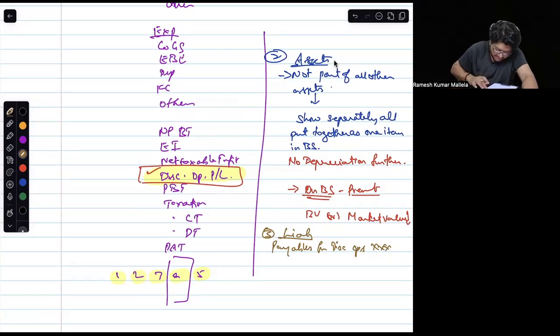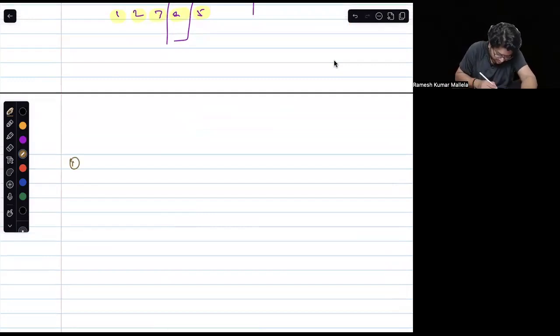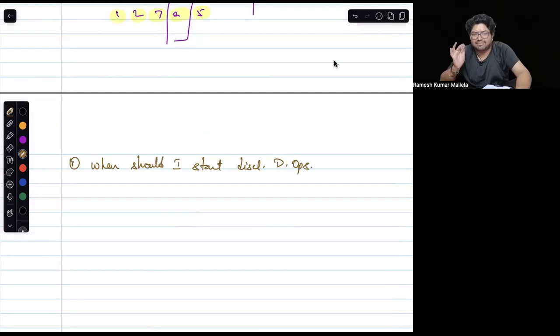Okay, இப்போ what is actually important for us is, number one, when should I start disclosing discontinued operations in my P&L, balance sheet, in my financial statements, is the first question.